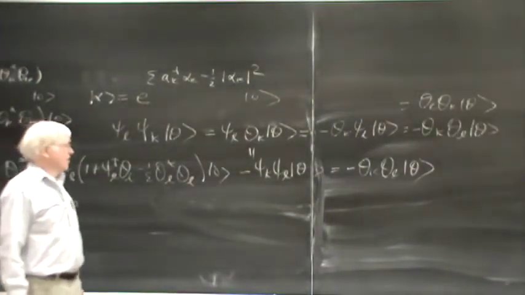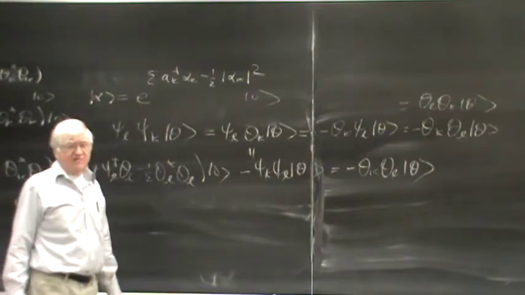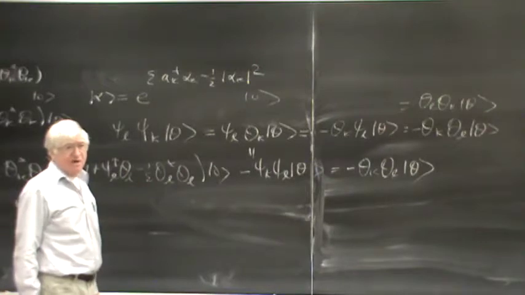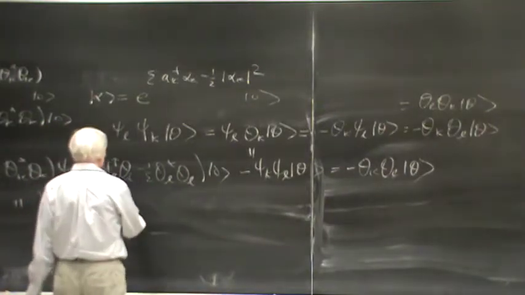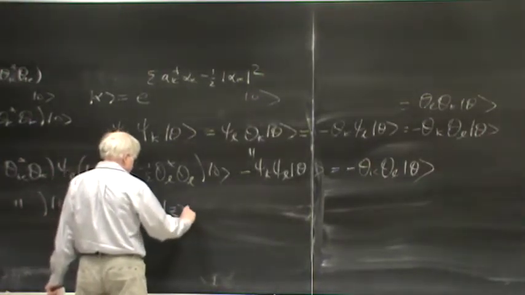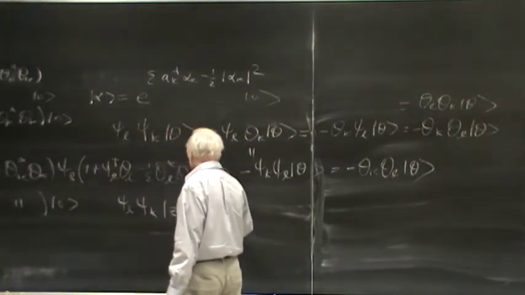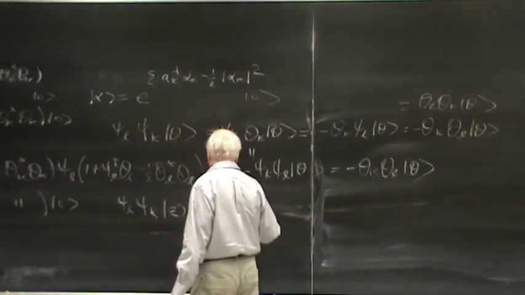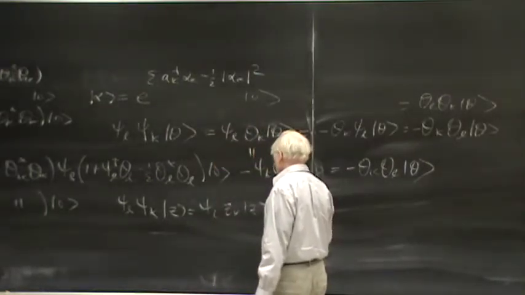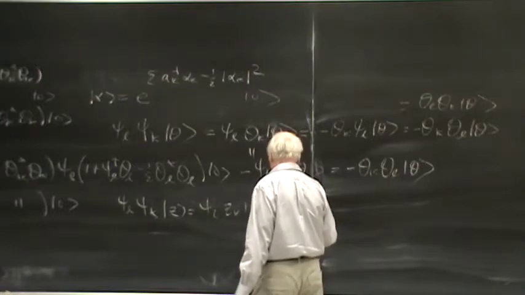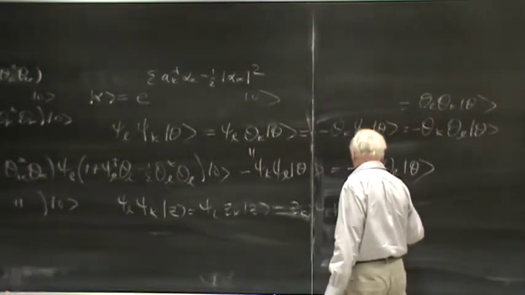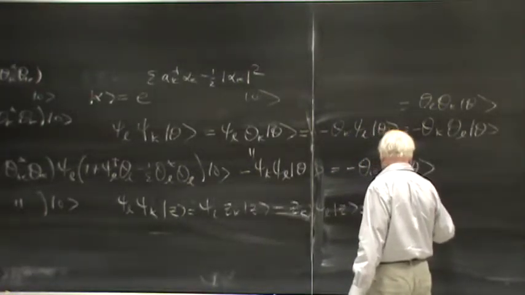Notice that we get in trouble if we try to have states with complex eigenvalues of these Grassmann variables, because then we would have psi L psi k on some state z, and this would give us psi L zk z, and if this is complex, this would give us zk psi L z, and this would give us zk zL z.